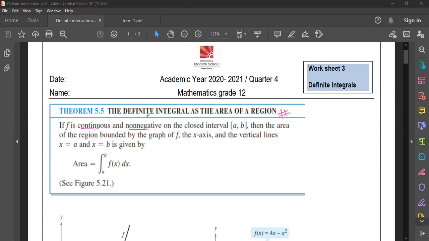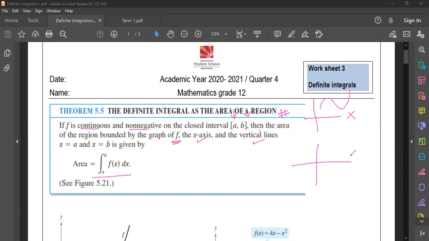It means this function is above the x-axis, okay? This function is continuous and non-negative on a closed interval a to b. Then the area of the region bounded by the graph of the function, the x-axis and the vertical lines x equal a, x equal b, is given by this definite integral.